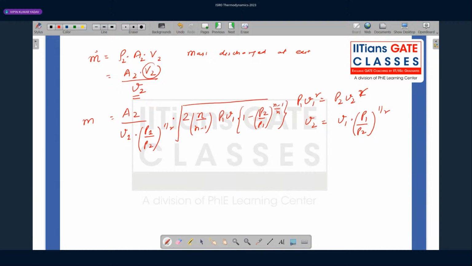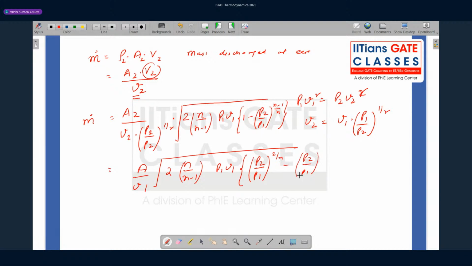So this is basically your mass flow rate. Now if you further simplify it, you will get A by V1 under root 2 upon n minus 1 P1 V1 under root (P2 by P1)^(2/n) minus (P2 by P1)^((n+1)/n).